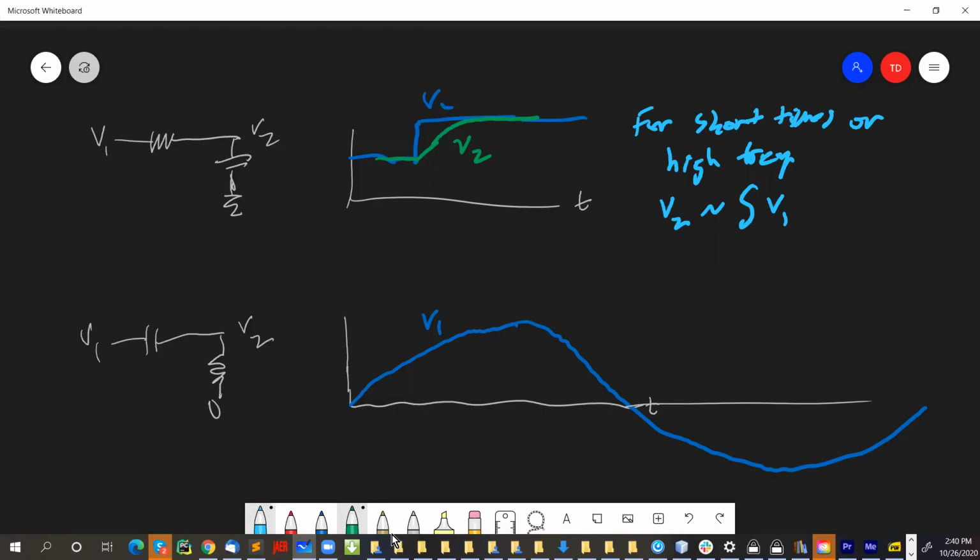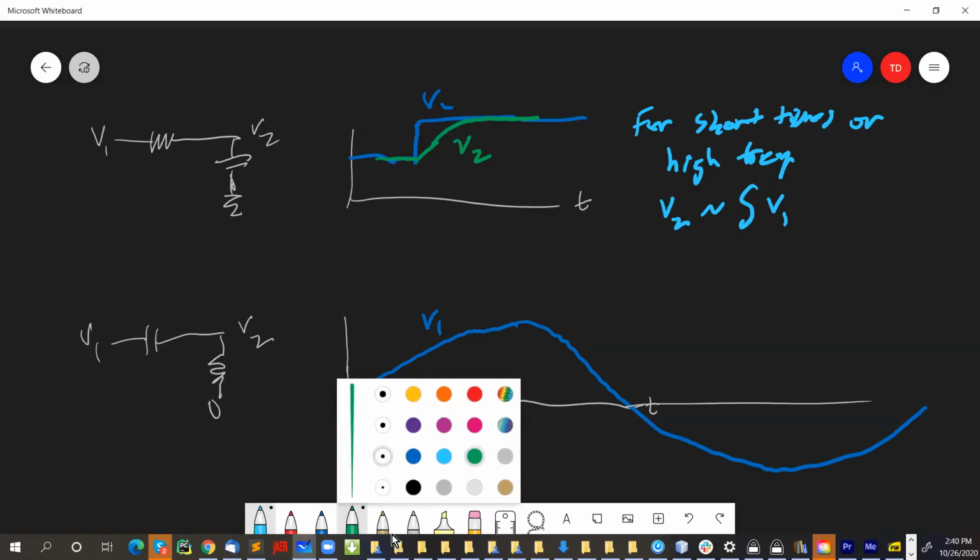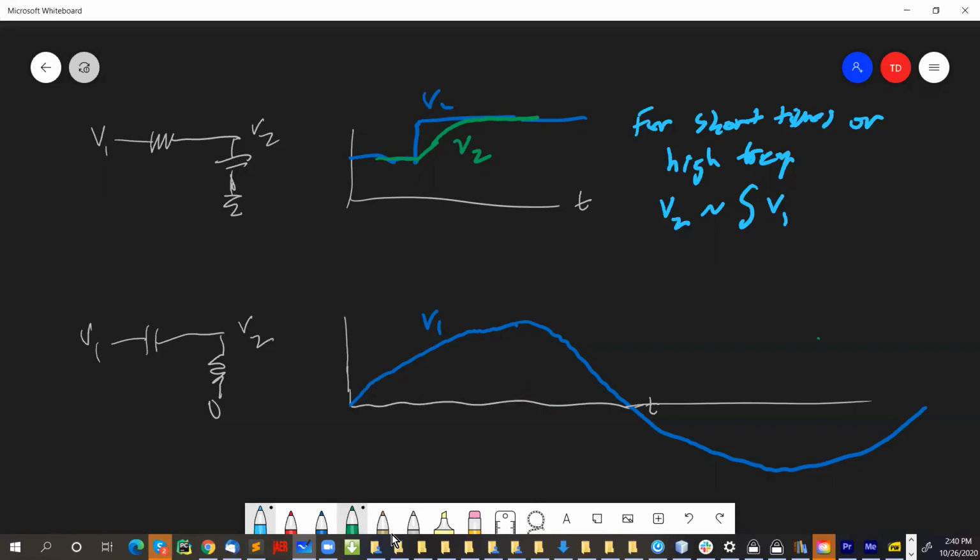So if V1 changes slowly compared to the time constant tau, then V2 is just going to barely deviate from 0. It'll be like this. It'll just move a little bit.